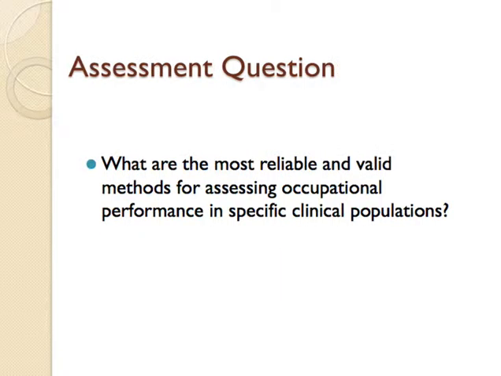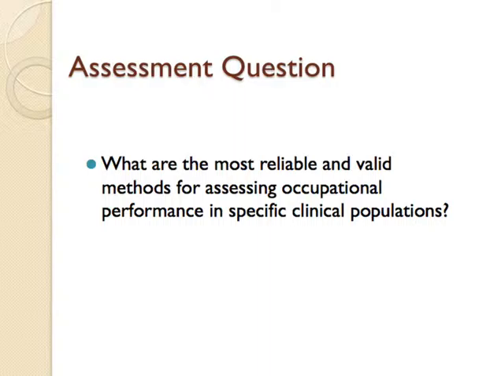Assessment questions ask a slightly different kind of question. They look at the assessment measures that we use to determine what is going on with a certain clinical population. So those questions say, what are the most reliable and valid methods for assessing occupational performance in specific clinical populations?